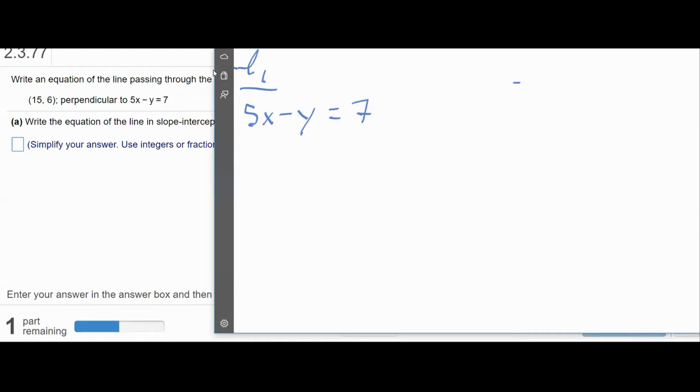Line 2 is going to go through (15, 6), and it's going to be perpendicular to line 1.